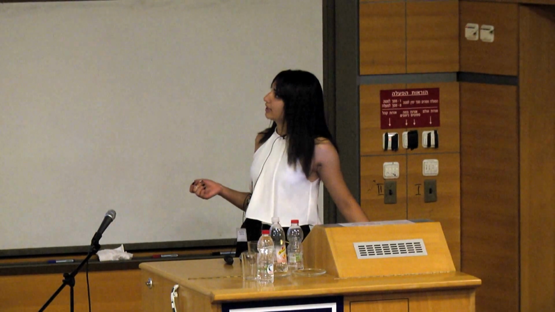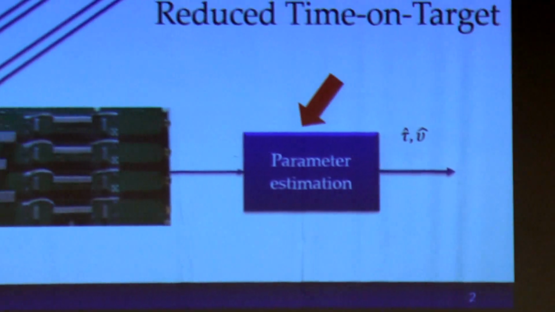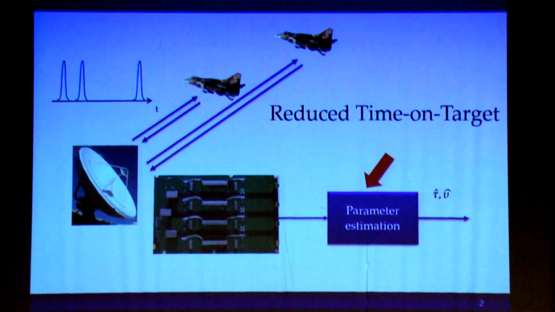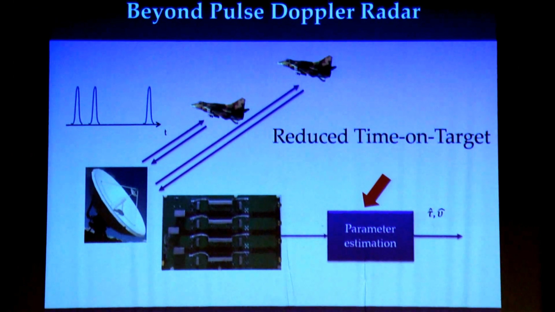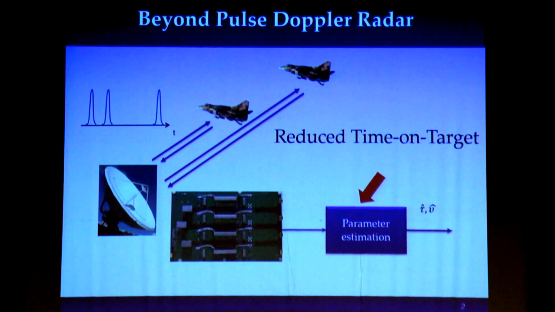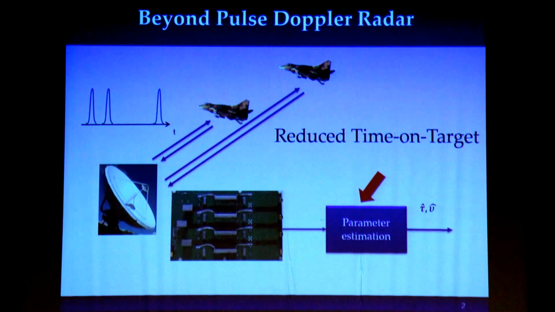So if we look here at our Pulse-Doppler radar signal, we're going to see three different subjects. The first subject will be reduced time on target, and we're going to see that we can reduce the number of pulses that we send towards a certain direction, which will help us reduce the time on target in our specific direction.